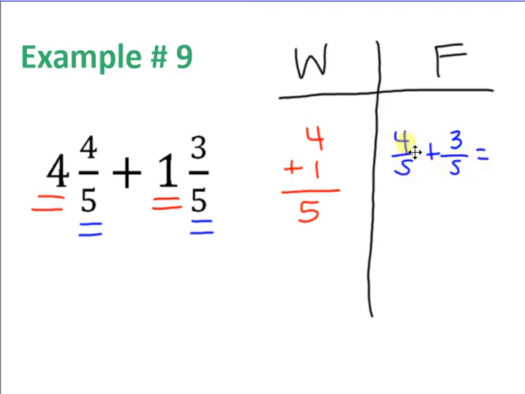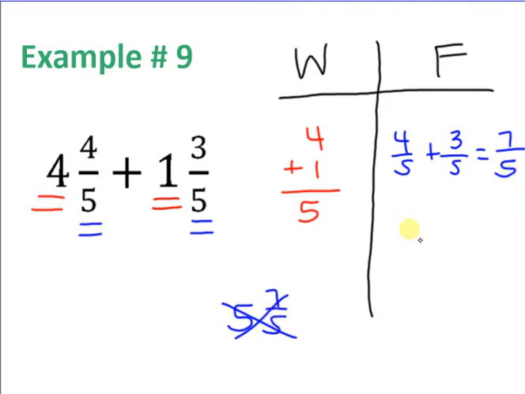So here we have the same denominator, but we have 4 plus 3, so that's 7/5. Now, if I took these two together, I would end up with 5 and 7/5. That does not make sense, because this 7/5, we know that improper fractions are greater than 1.